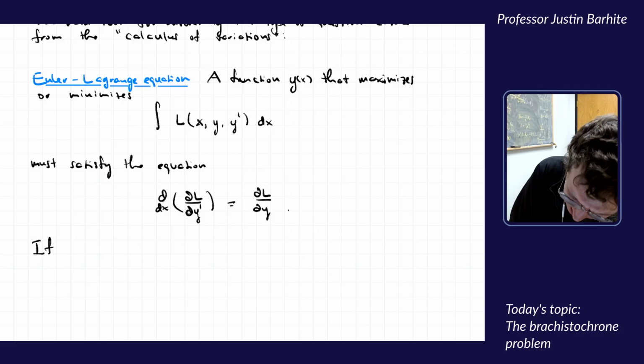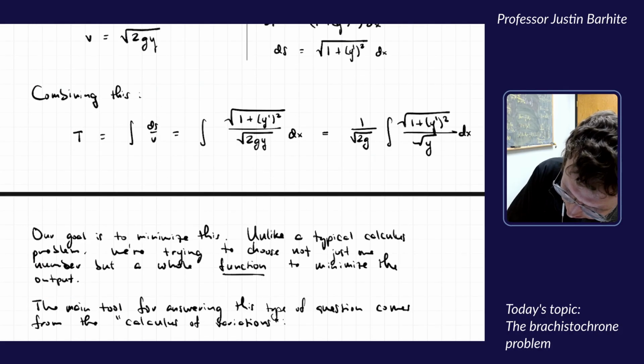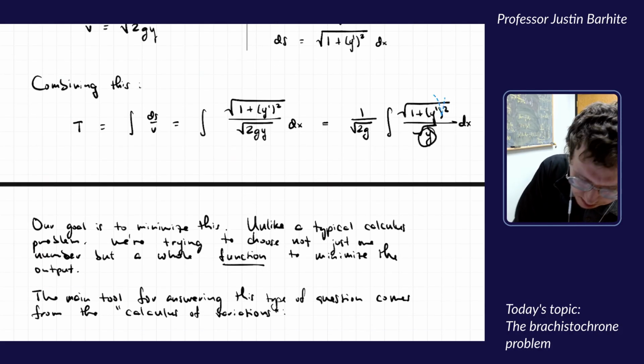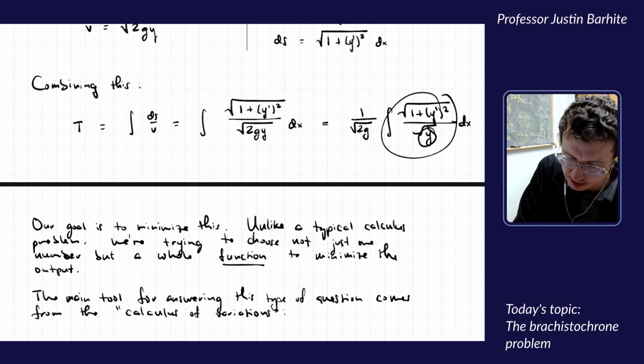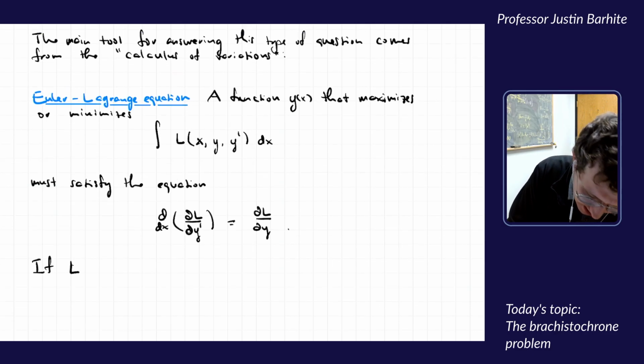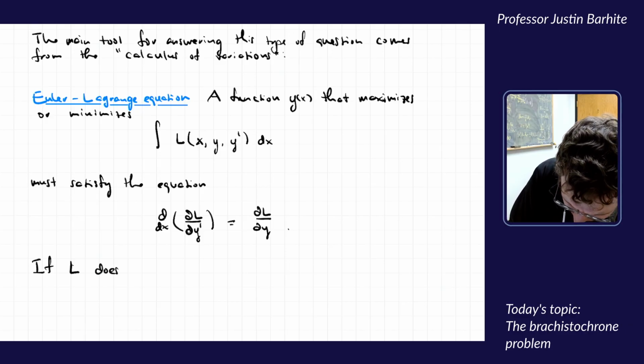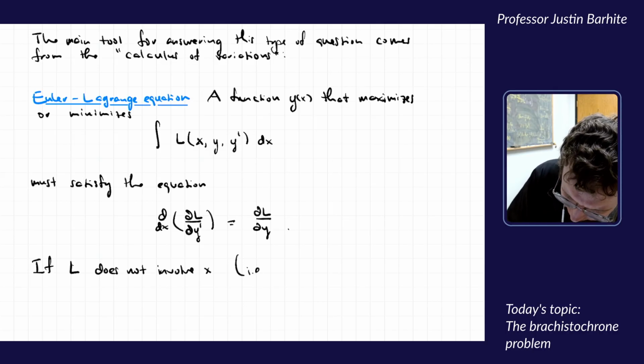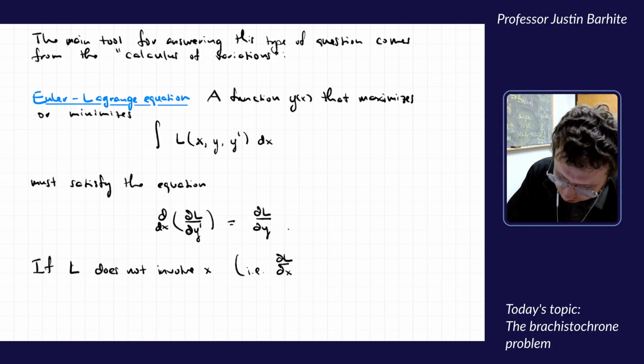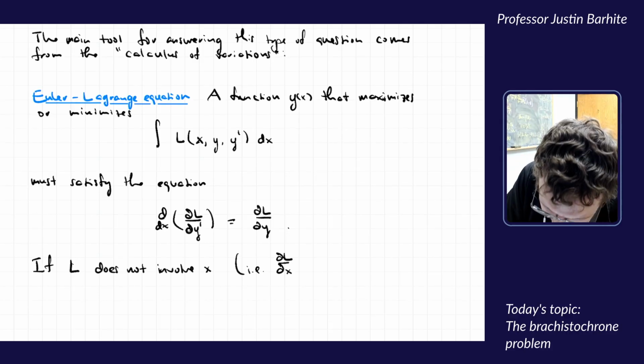And I made this point that our function here only involves y and y prime. It does not explicitly involve x. And that makes the situation slightly easier. And I could write this in the language of partial derivatives, meaning that the partial derivative of L with respect to x is 0.